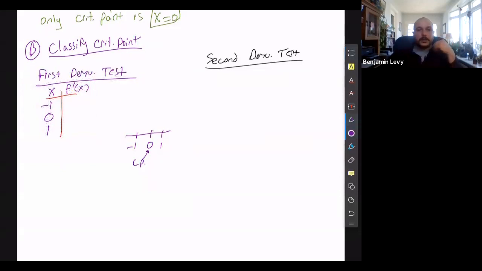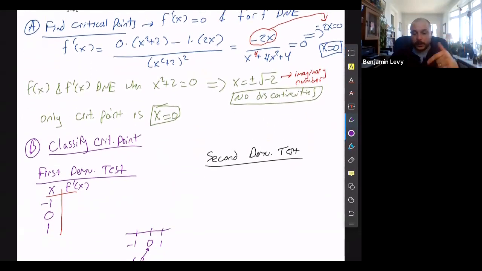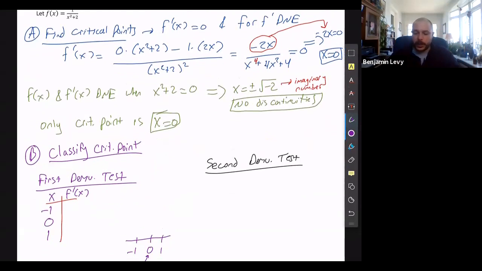So when we plug things into the first derivative, it tells us, is the function going up or down? And so when I plug -1 into the original function, it's going to be 1 over x squared plus 2, so you get 1 over 3. Oh, I'm plugging into the original. Oops, into the derivative.